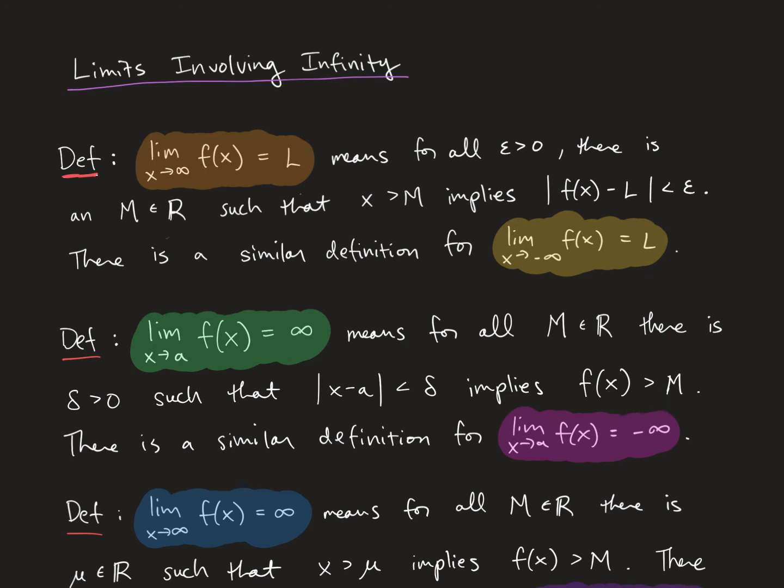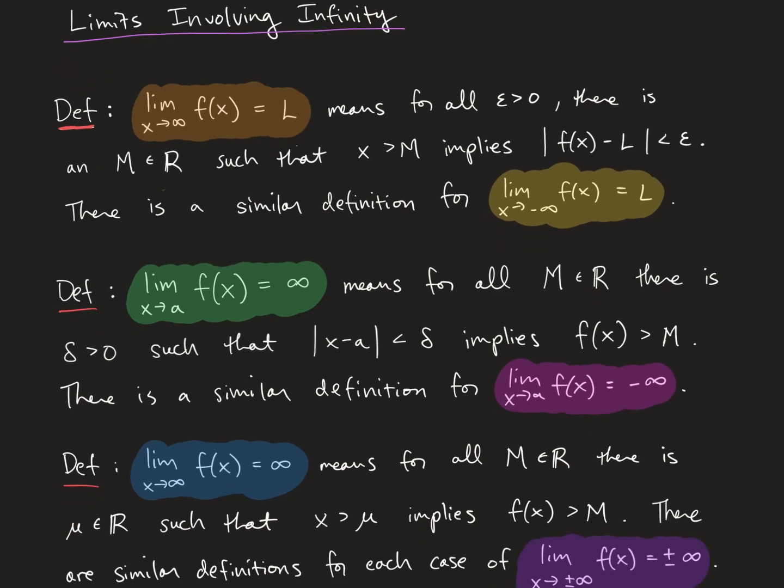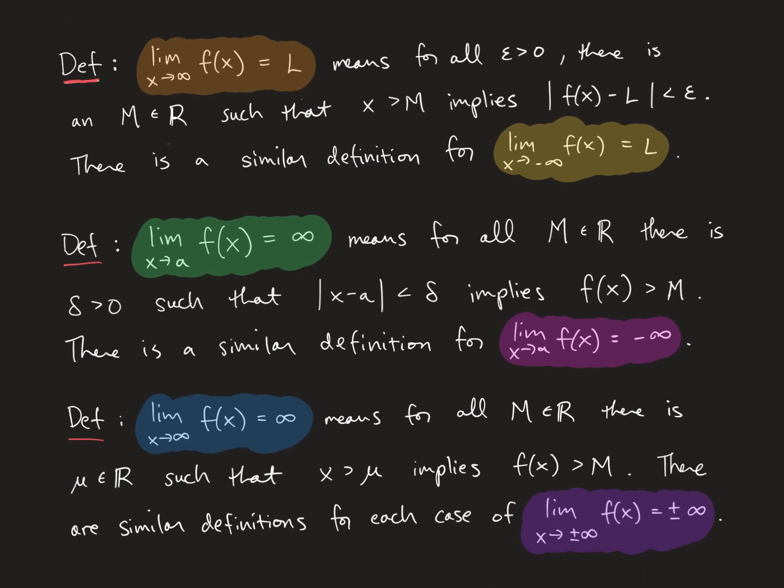If we switch infinity to negative infinity, then we're just trying to say f of x is smaller than any given value, so f of x would have to be less than this m. So you just switch the direction of the inequality there. And of course, we can also combine the infinity in the x and the infinity in the value. So we could have the limit as x goes to infinity of f of x equals infinity.